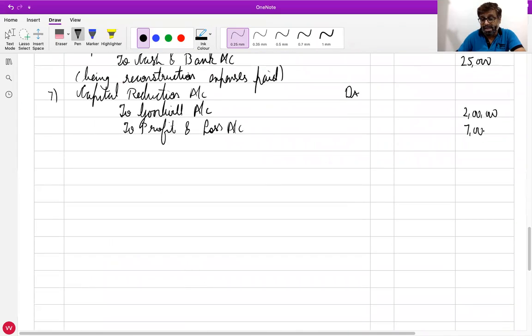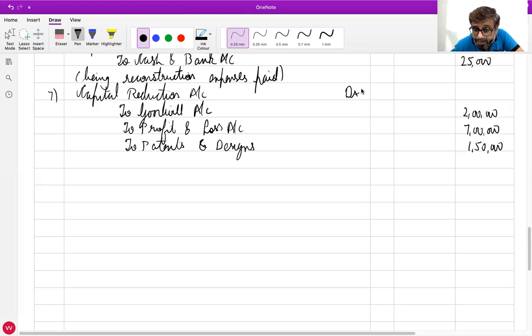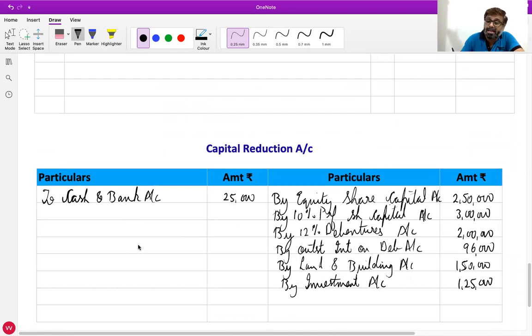And to patents and designs, 1,50,000. Now will we write the capital reduction account debit amount or do we have to do anything else? First we will do the posting in capital reduction account, and the balancing amount we have to transfer where? Whatever surplus remains in capital reduction account, where do we transfer it, Dishita?